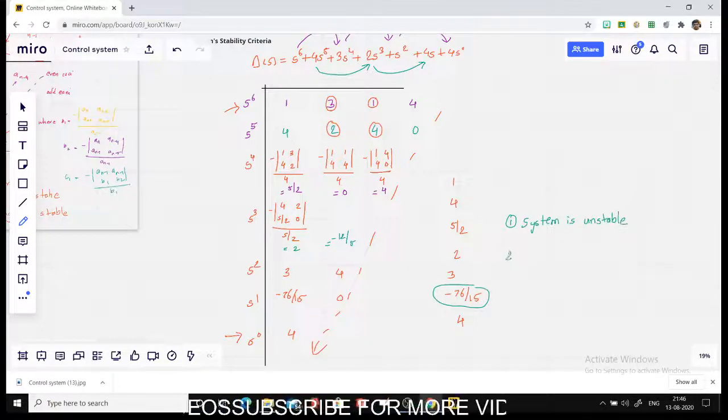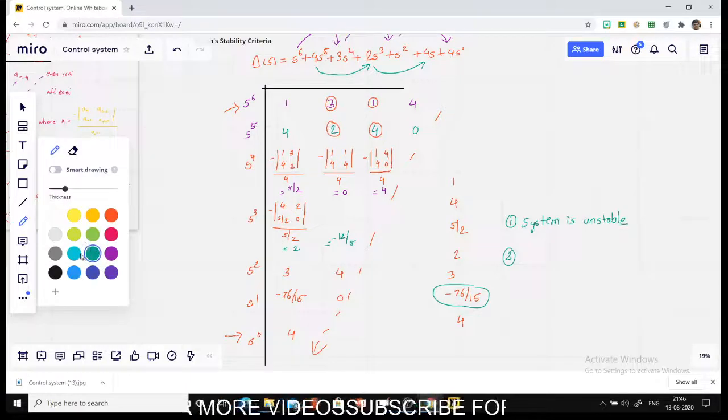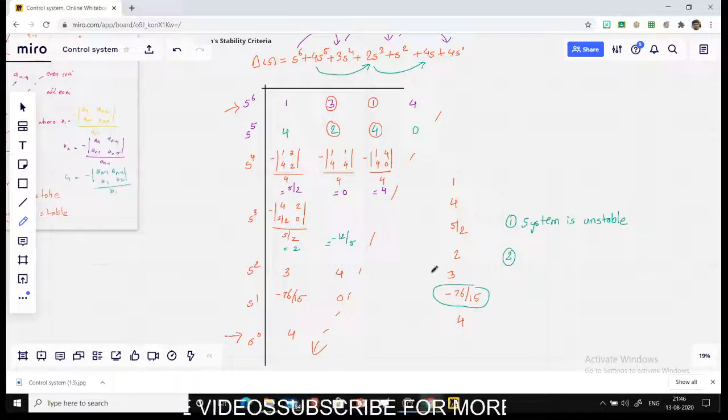The second thing you can find out is the number of sign changes. First there is a sign change from positive to negative, and then one more sign change from negative to positive. So you got 1 and 2, two sign changes.